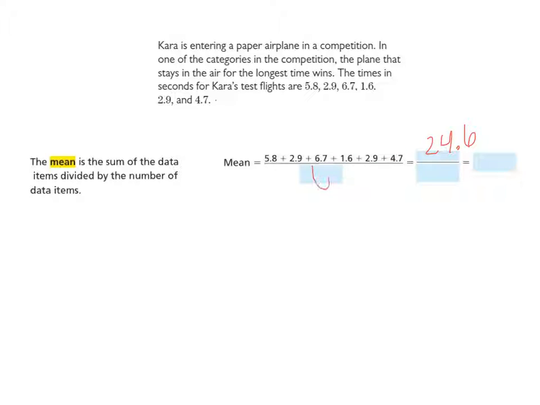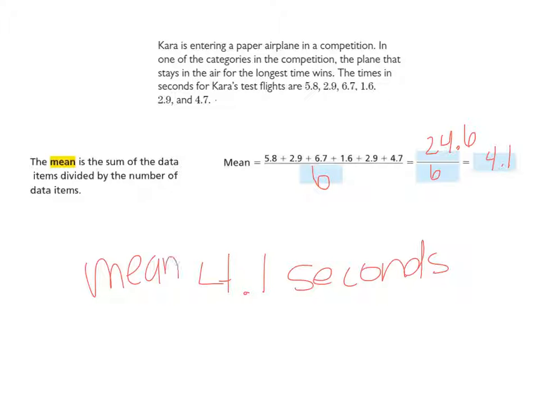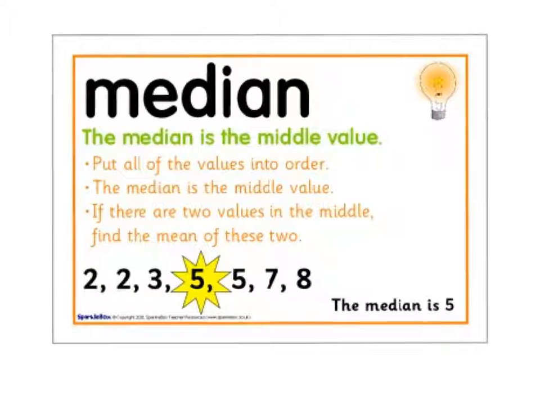So she flew the plane 6 times. So the total is 24.6 divided by 6. So on average, her test flights, when I plug that into my calculator and divide, are 4.1 seconds each. That's the average, or the mean. Okay? So there's our mean, equals 4.1 seconds.